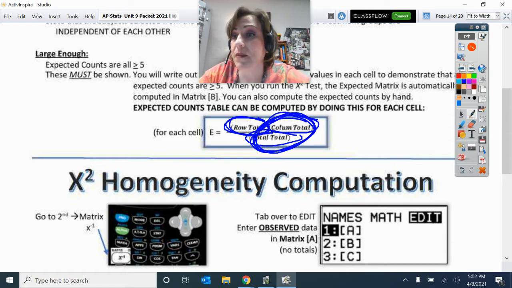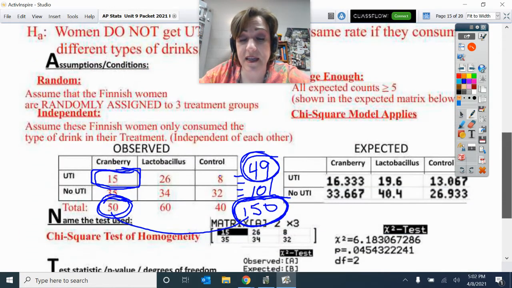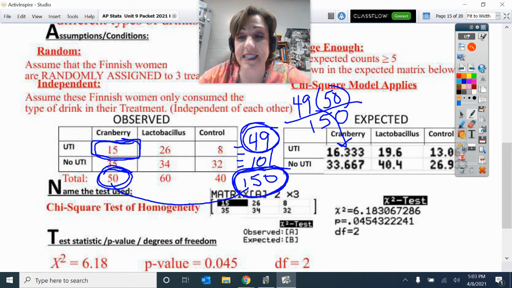So to come up with this value right here, we would do row total times column total over the total, which is 150. So if I did that right there, that's 1/3 of 49, that's 16.333.